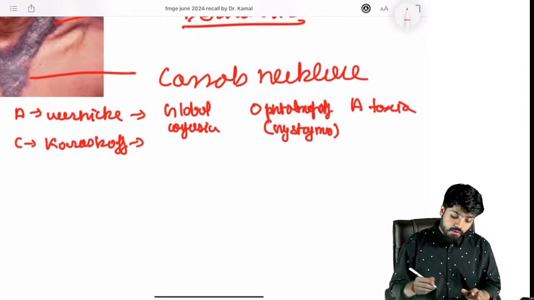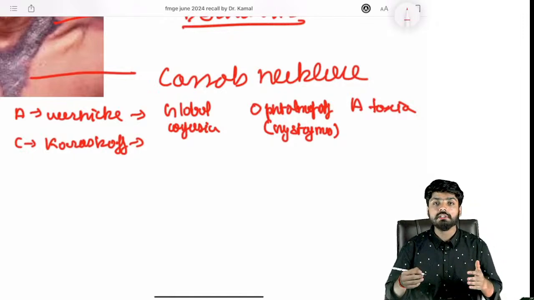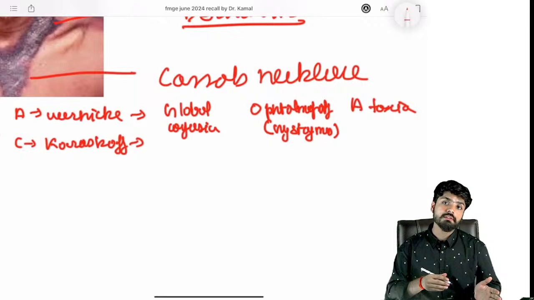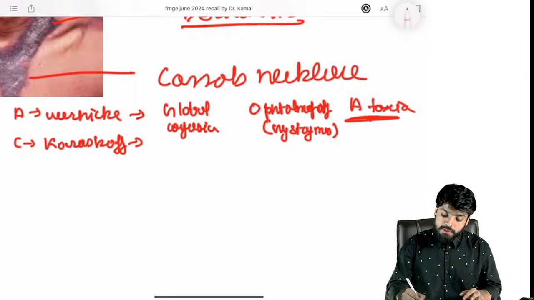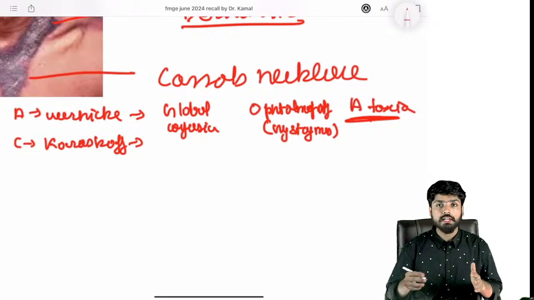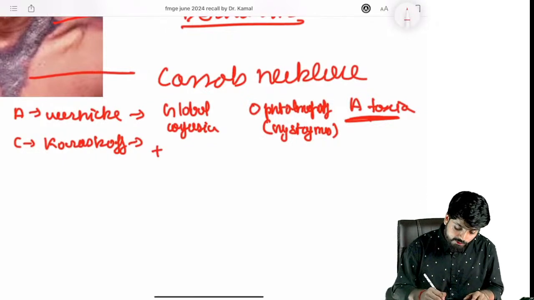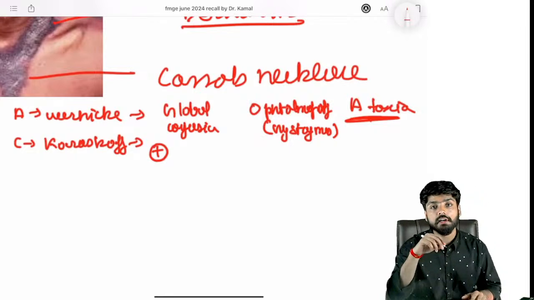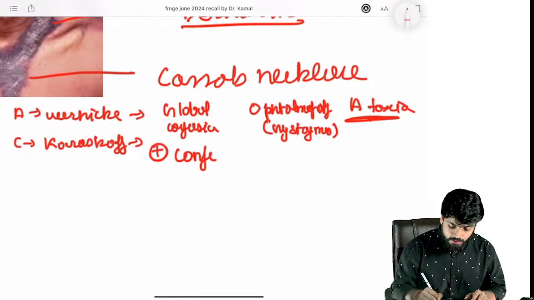What happens in acute also happens in chronic, but with additional features. When the disease progresses even more severely, earlier the cerebellum part was affected in the brain, so ataxia was there. Now the cerebral part is also affected, so the patient will have one very major characteristic finding in this chronic or Korsakoff syndrome, that is confabulation.